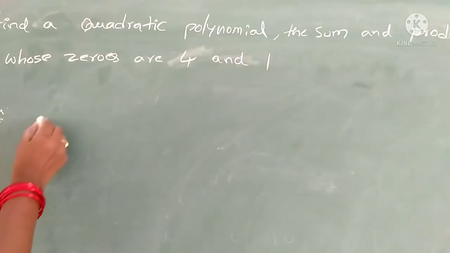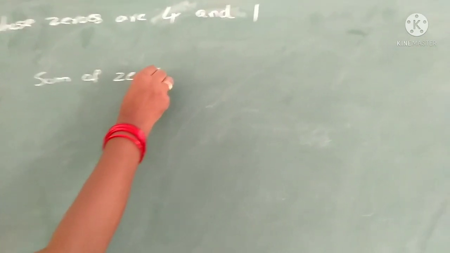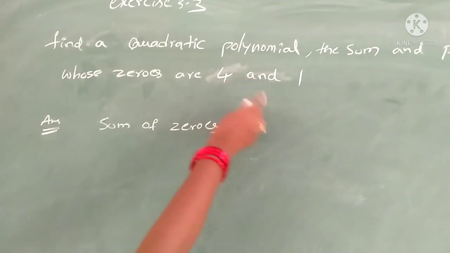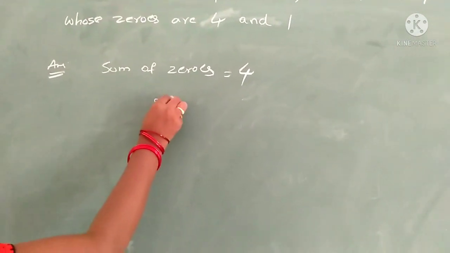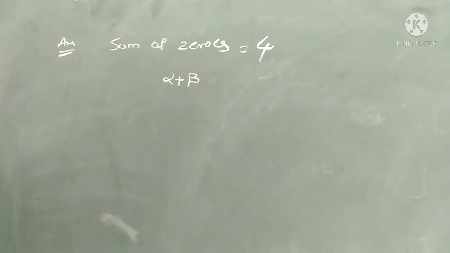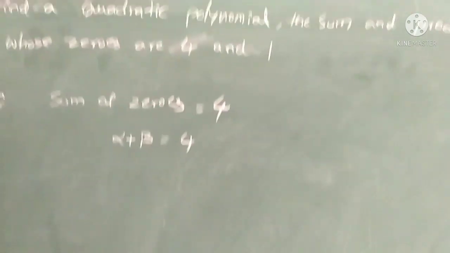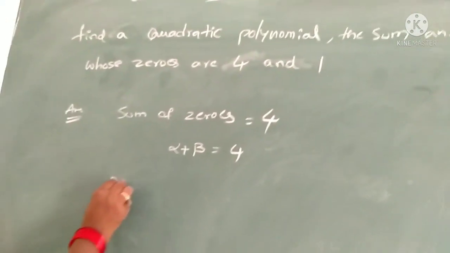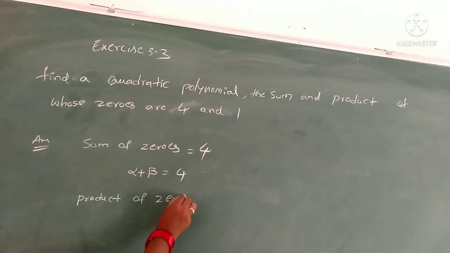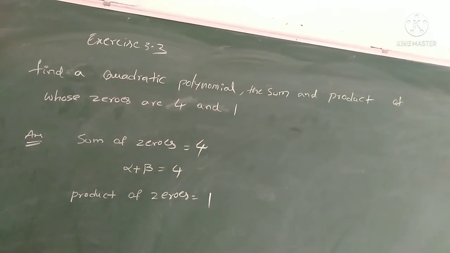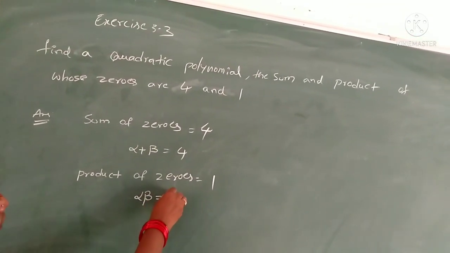Sum of zeros is 4, which means alpha plus beta is 4. Next, product of zeros is 1, which means alpha into beta equals 1.